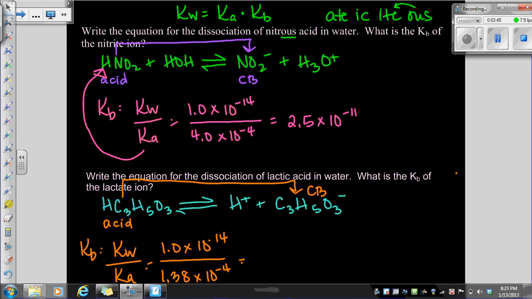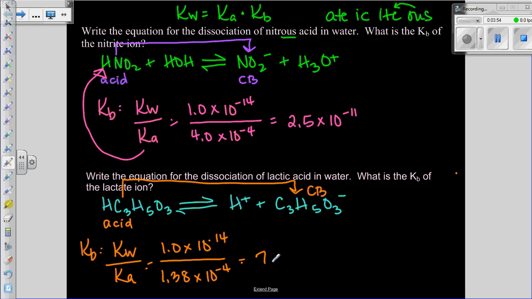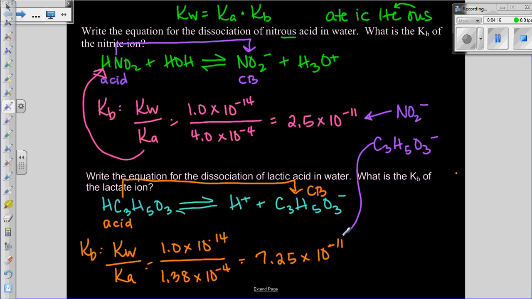Okay, when we solve, since this one had 3 sig figs, I'm going to go with 3 sig figs, 7.25 times 10 to the negative 11th. Now, just because we haven't talked about this in a little bit, if I wanted to compare strengths of the nitrite ion, this is its Kb, with the strength of the lactate ion, this is its Kb, I look at the size of the Kb's.